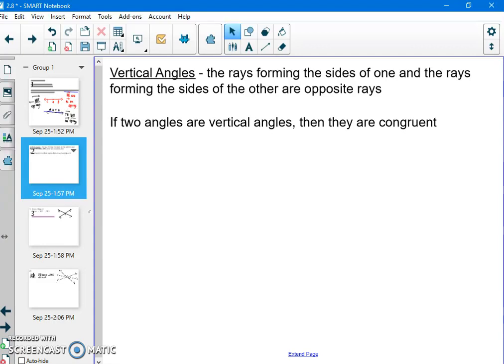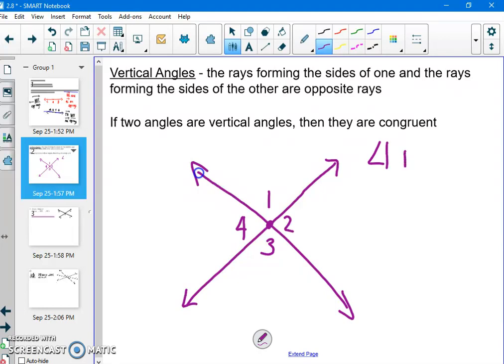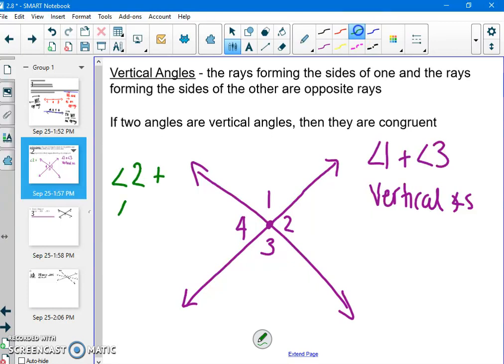So if I were to draw a diagram and label 1, 2, 3, and 4, then I could say angle 1 and angle 3 are vertical angles, and angle 2 and angle 4 are vertical angles.